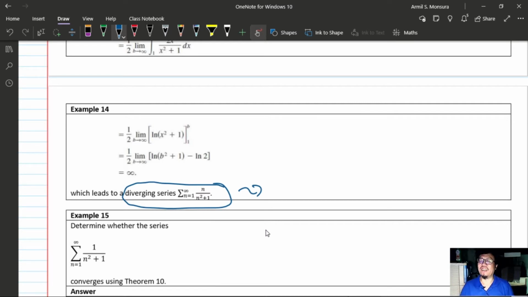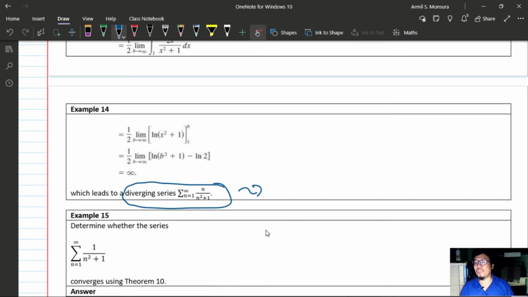Because there's no use of us in using the integral test if it turns out that f of x would turn out to be an integral that is very difficult to evaluate. So therefore you really need to be very careful first with recognizing whether the convergence of that series can actually be tested using the integral test, because there's no point in us evaluating a very difficult integral.